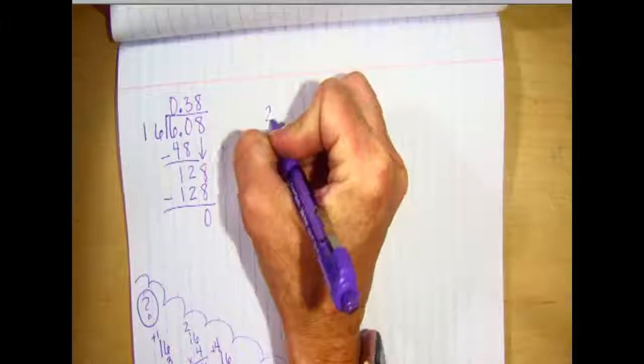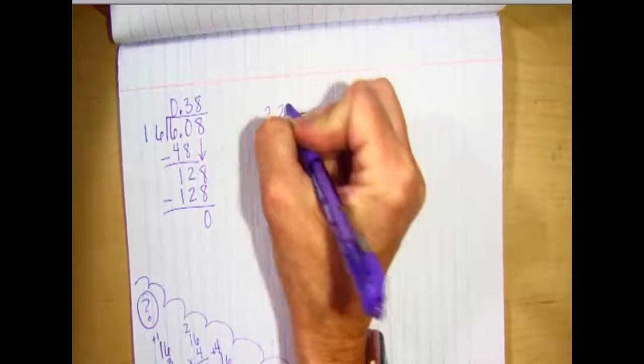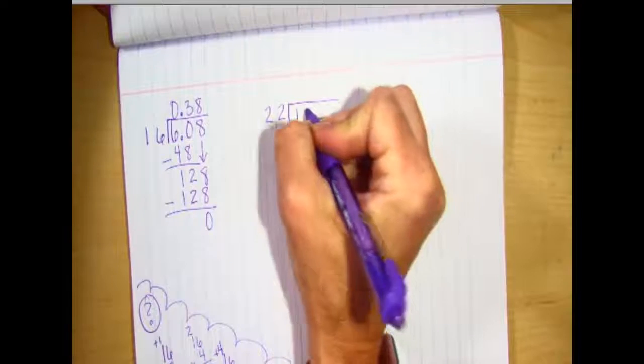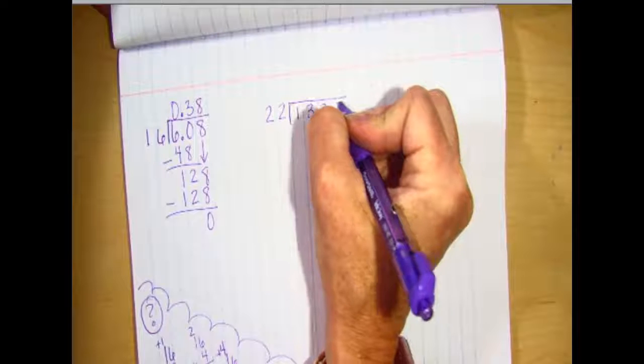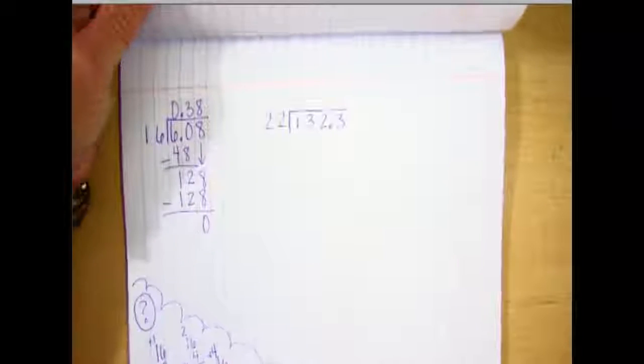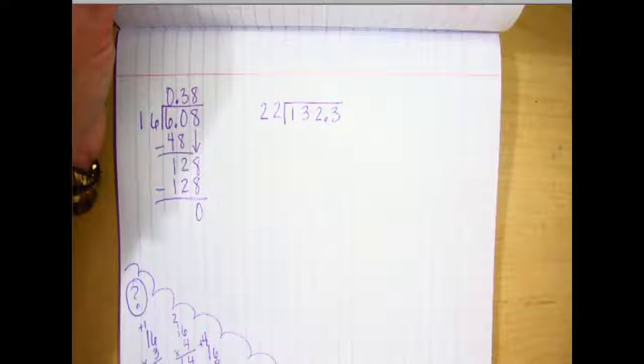Let's do 22 into... I just threw down some numbers, so if it goes on and on and on, what place value spot should I stop at? Don't go past the thousandths for 5th grade stuff. Usually that means on a 5th grade problem that you've got a problem. Okay, so for just this purpose, we're going to divide, and if it keeps going on and on, we'll just stop and round.